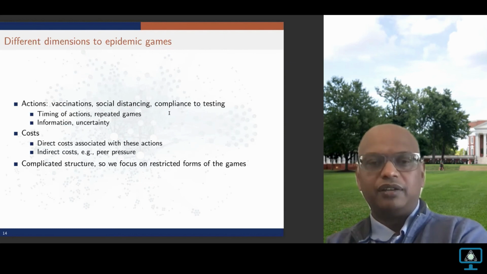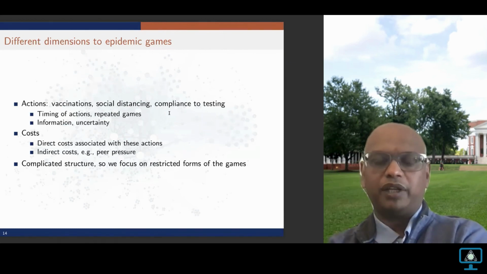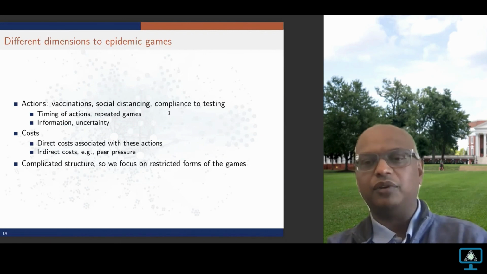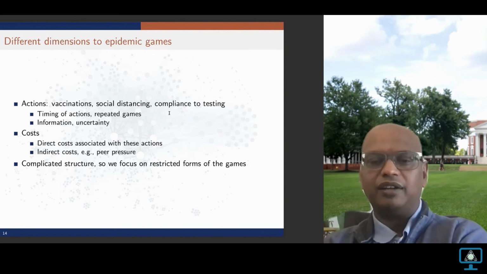There are direct costs associated with these actions, and peer pressure or not conforming is like an indirect cost. So this makes the problem really complicated, and so we'll just focus on restricted forms of this game. Even those become pretty hard and interesting, and I hope to give you a flavor of those kinds of results.